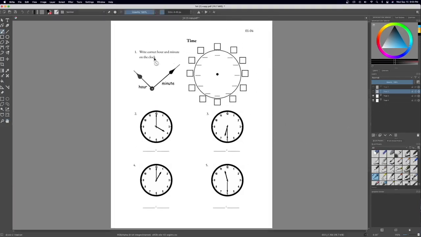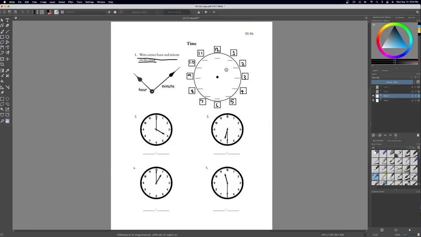Now here we're dealing with time. The first question says, write the correct hour and minute on the clock. So first, let's just label this really quick. So this is 12, 1, 2, 3, 4, 5, 6, 7, 8, 9, 10, 11.